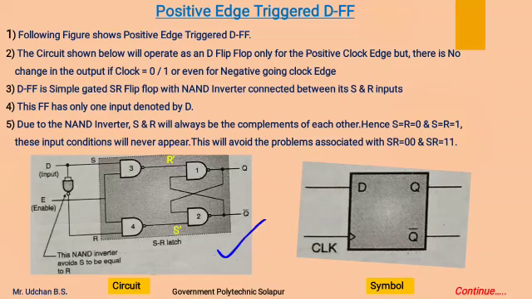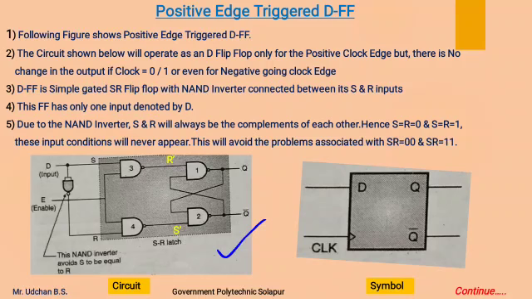Also, when S and R both are 1 1, then also output will not change or it can go into the invalid state depending on the type of gate used to construct the SR flip-flop.